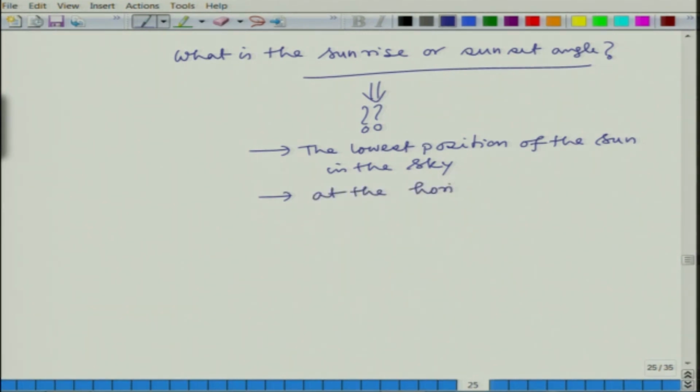Sunrise means at the horizon it is moving up, and sunset means at the horizon the sun is going down.